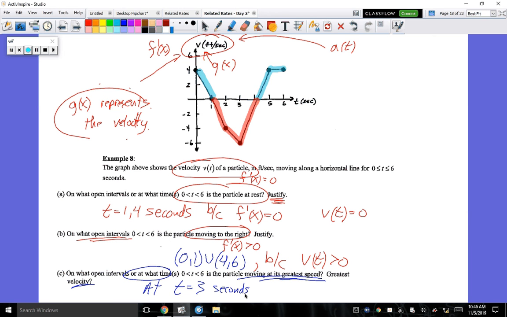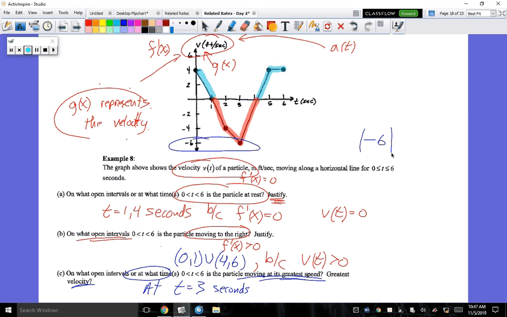So the velocity is -6. Nice job, John. But the speed is going to be the absolute value of said velocity, which is 6. So the greatest magnitude, the one furthest away from the x-axis, is going to be that greatest value for speed. We just have to make sure we take the absolute value.